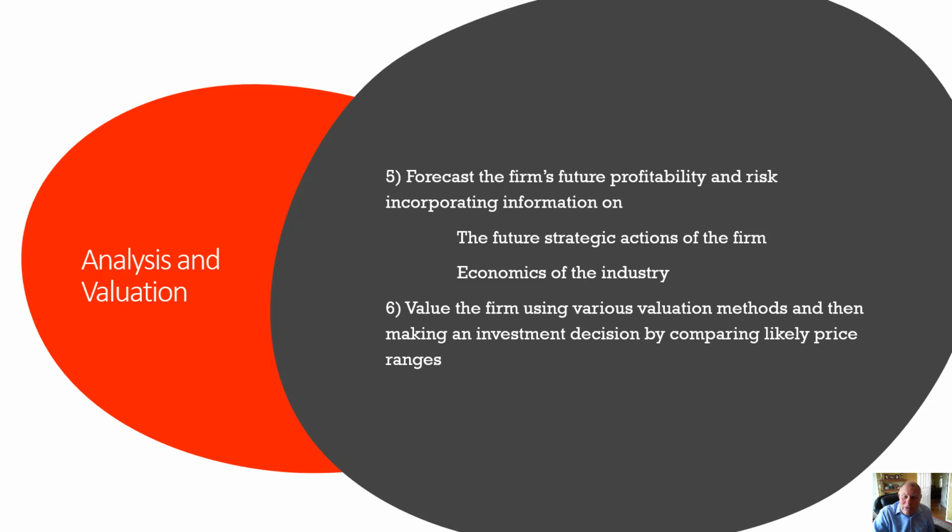We'll then move on to valuing the firm using various valuation methods, and then make an investment decision by comparing likely price ranges. So 5 and 6 are essentially what you're going to be doing in application project 3. The video is out there as well as the instructions for you to do that.